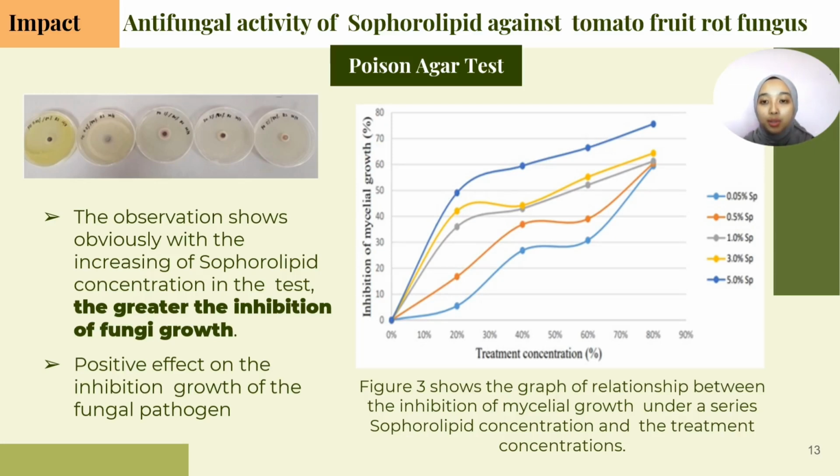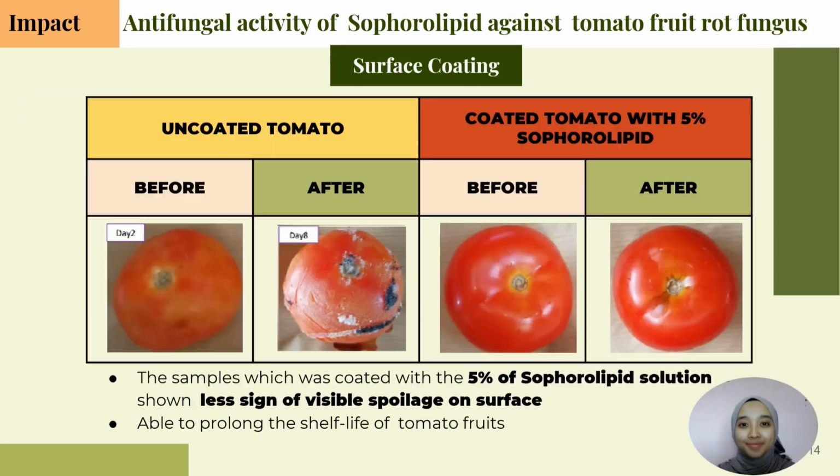For the maximum concentration, which is 5% sophorolipid, it recorded the highest inhibition of mycelial growth, which is 76%. So it shows that sophorolipid could give a positive effect on the growth inhibition of the fungal pathogen.